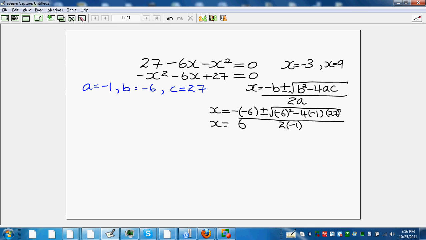Okay? So let me come down a little lower, right? X equal to 6 plus or minus the square root of minus 6 squared, which will be 36, minus 4 by minus 1, which is 4, and 4 by 27. 4 sevens are 28, 4 twos are 8, 9, 10.